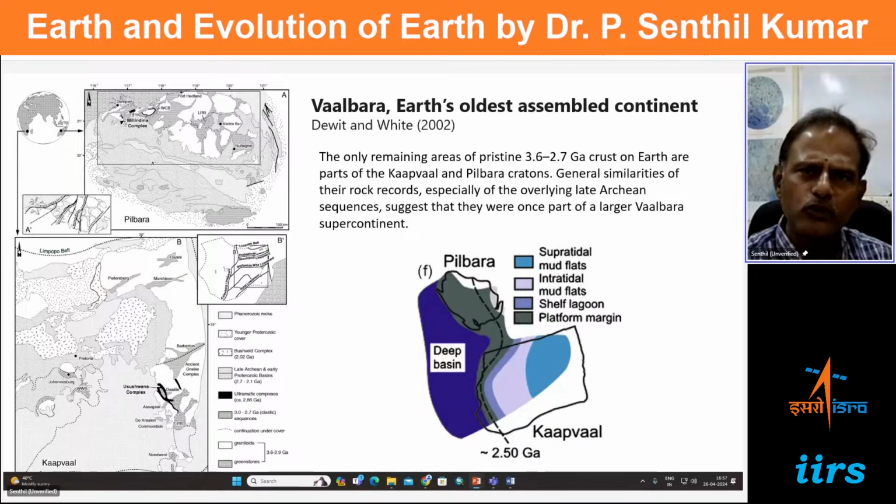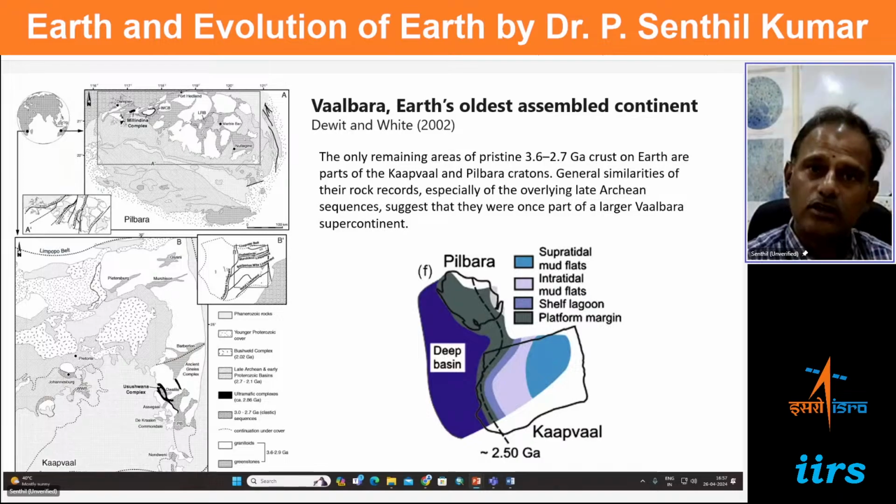And if you know the continents, the oldest continent that formed on Earth is called the Vaalbara supercontinent. What is a supercontinent? We know continent. If you bring many continents together, they become a bigger continent. We call it a supercontinent.